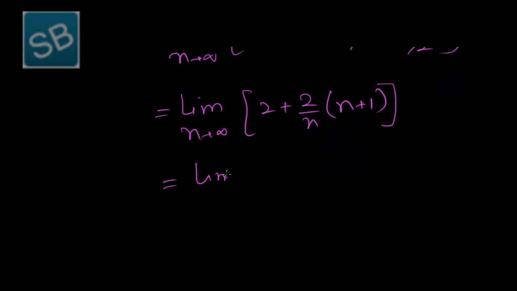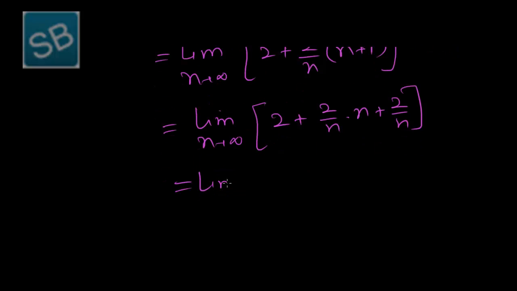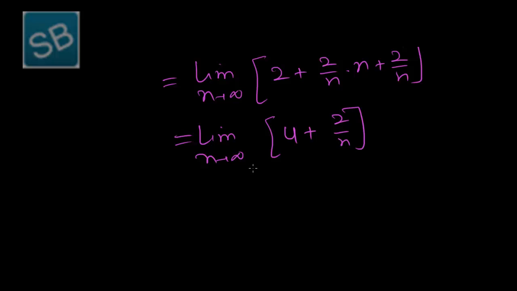So we get limit n tends to infinity 2 plus 2 over n into n plus 2 over n, so we get limit n tends to infinity 4 plus 2 over n. As n tends to infinity, 1 by n tends to 0.